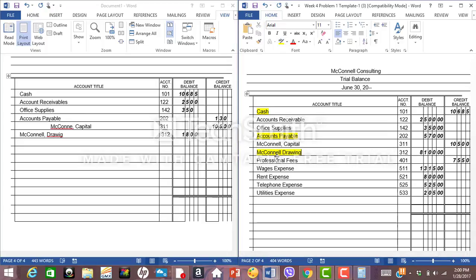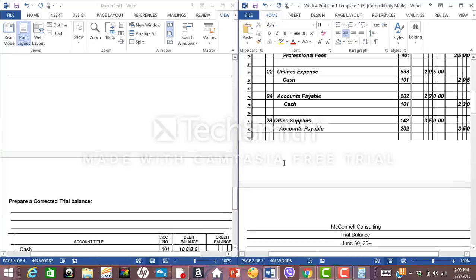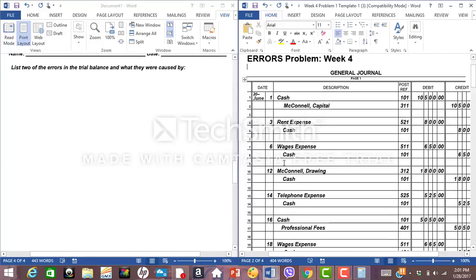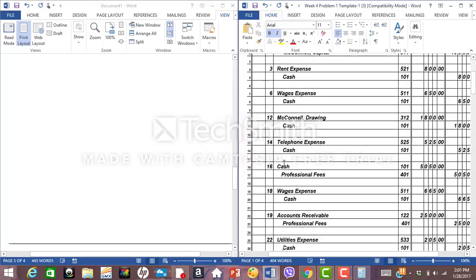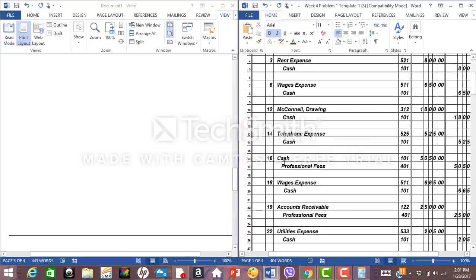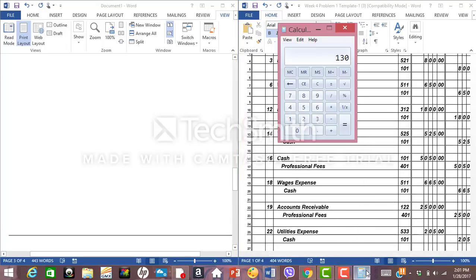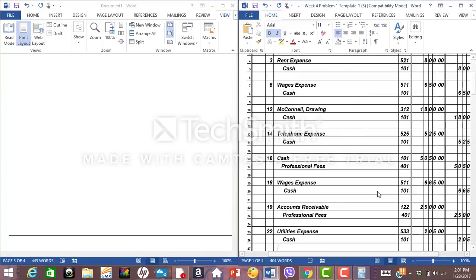Okay. Professional fees is another. Professional fees revenue is 7,550. It is under the credit balance, but let's look at professional fees over here. I have one for 5,050, and another one for 2,500. So 5,050 plus 2,500 is 7,550.